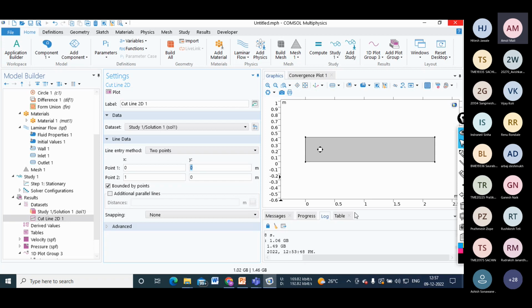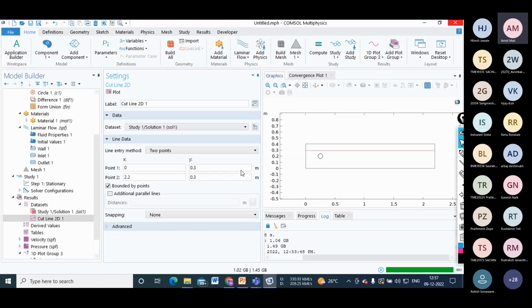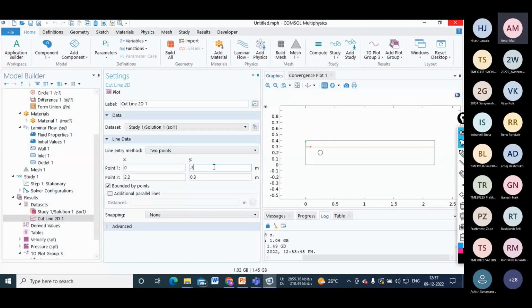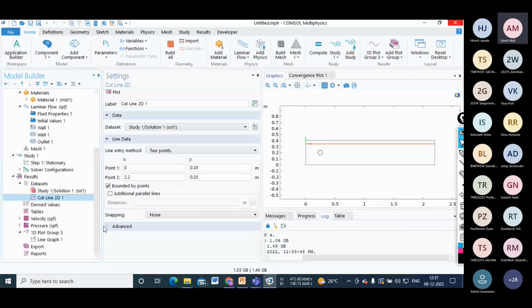At center we are getting, so I will select 0.3. x will be 2.2, y will be 0.2. Okay, you can shift that also, you can shift further and you will get better results. Okay, because we have seen the maximum velocity has increased nearer to this obstacle.